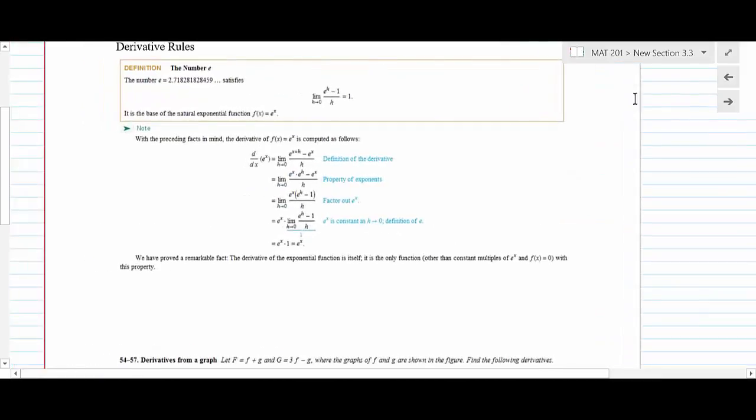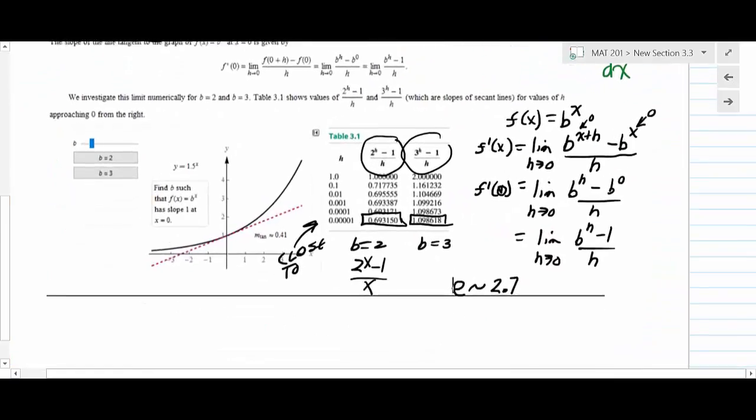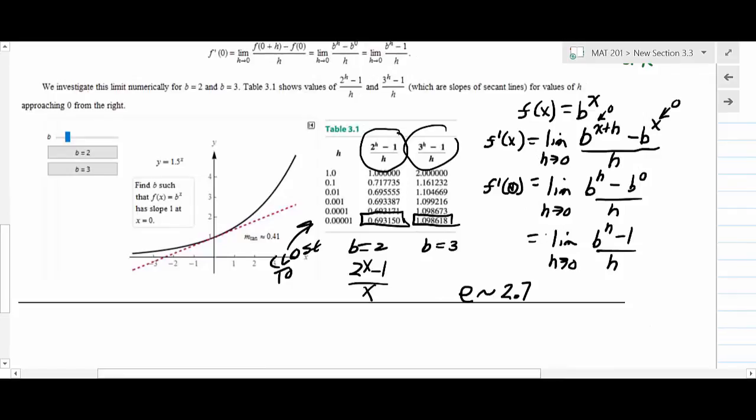Let me show you what I was trying to show you: if you used e instead of 2 and 3, it would go to 1. I want to back up on my page a little bit and show you that idea. See, e is approximately 2.7, so it's a little closer to 3 than it is to 2.